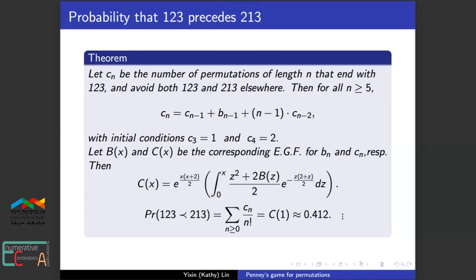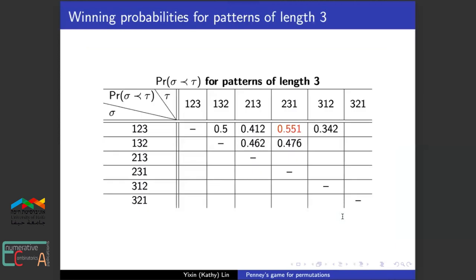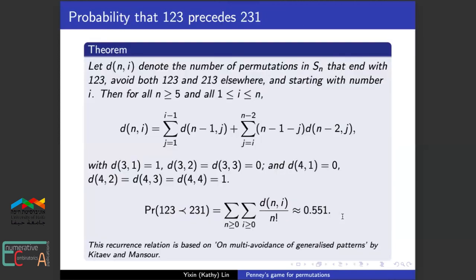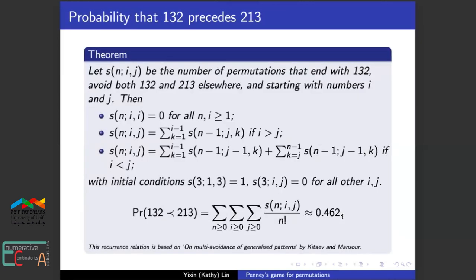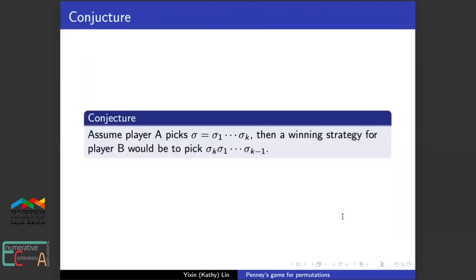0.412. The remaining 3 probabilities can be computed using recurrence, and it's actually more and more complicated. So we will skip the details here. You can see the slides if you're interested.